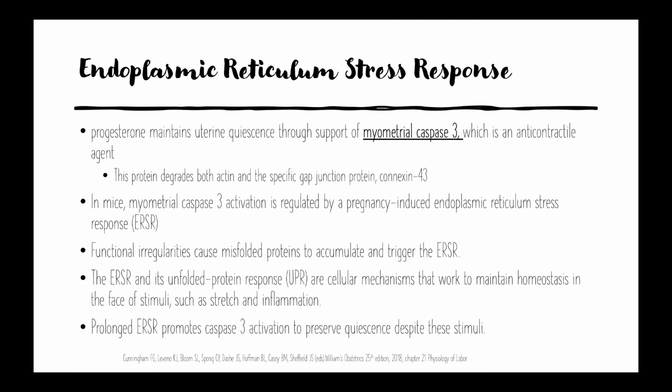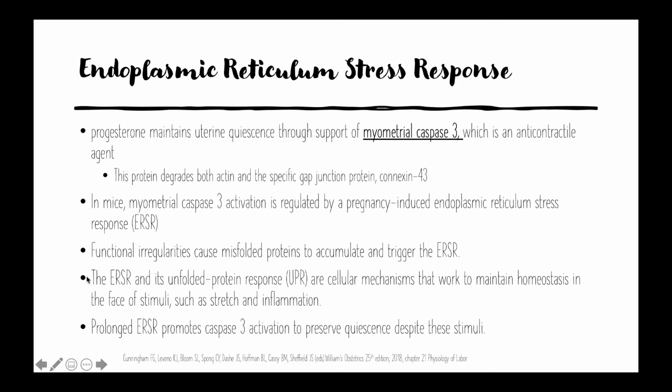Progesterone also maintains uterine quiescence through support of myometrial caspase 3, which is an anticontractile agent. This protein degrades both actin and the specific gap junction protein connexin 43. In mice, myometrial caspase 3 activation is regulated by pregnancy-induced endoplasmic reticulum stress response, or ERSR.